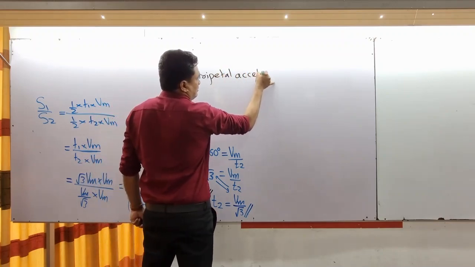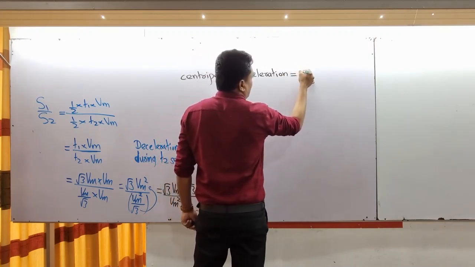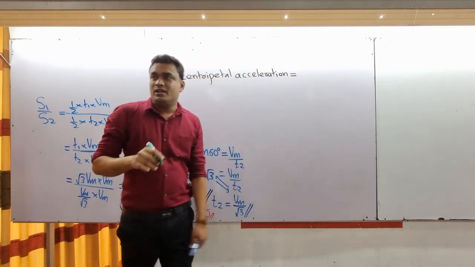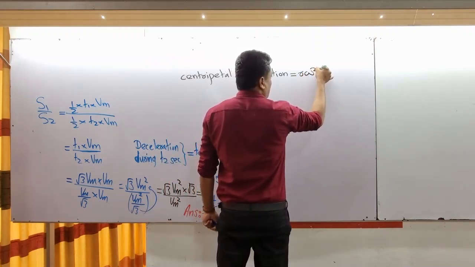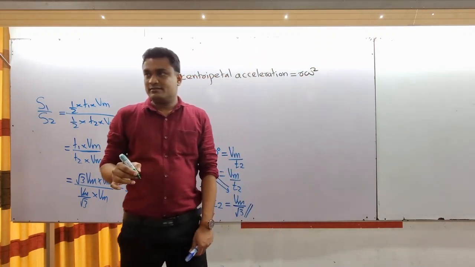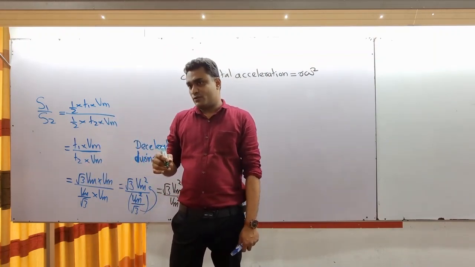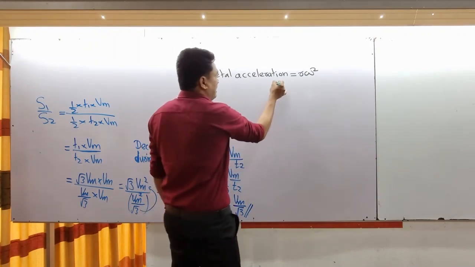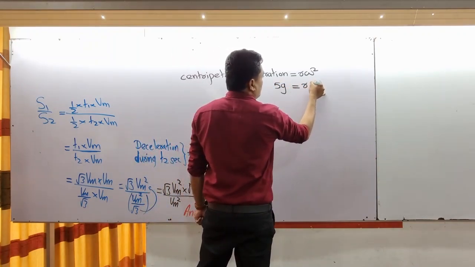Centripetal acceleration equals, there are many equations, but I would like to use r omega squared. V squared over r or v omega also work, but r omega squared is better. So here centripetal acceleration should become 5g, then Harry becomes unconscious.